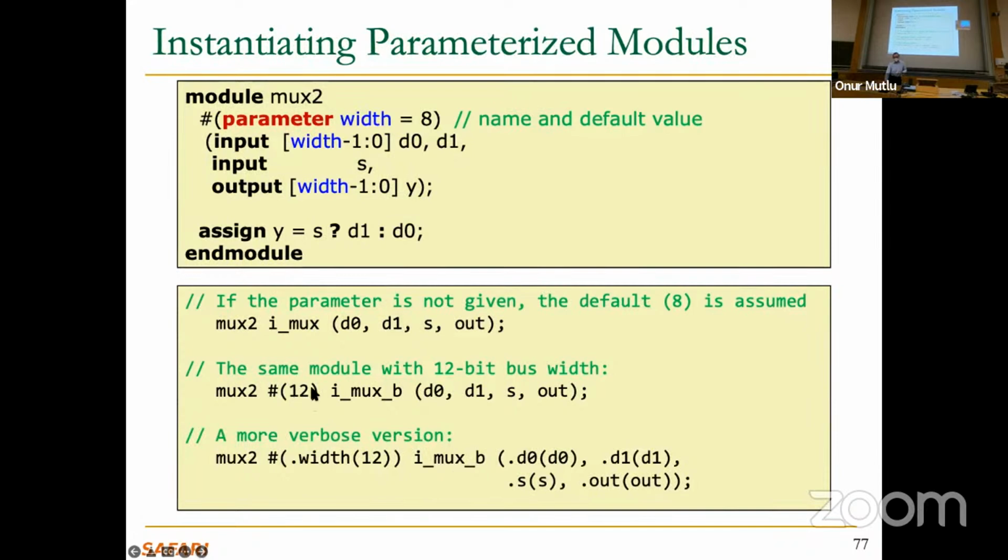Clearly the first is a shortcut, which assumes the wire input and output ordering, and obeys that ordering. Here you can specify the width directly, as well as the inputs and outputs, and you can reorder them if you want, because you're explicitly specifying what wires and parameters should be connected to the inputs and outputs.